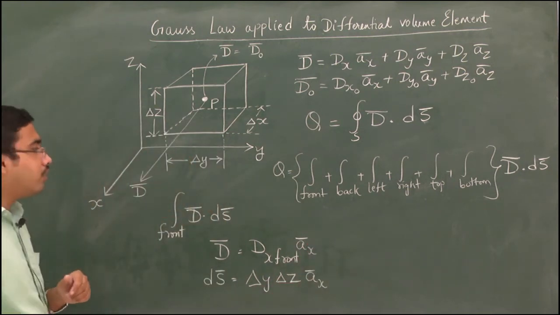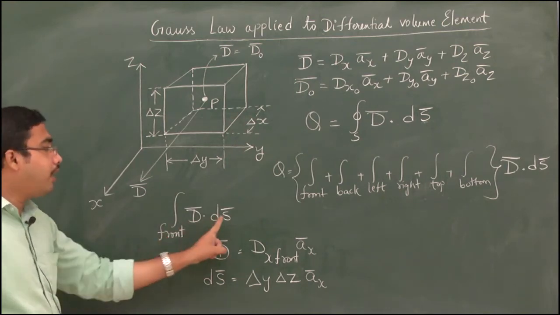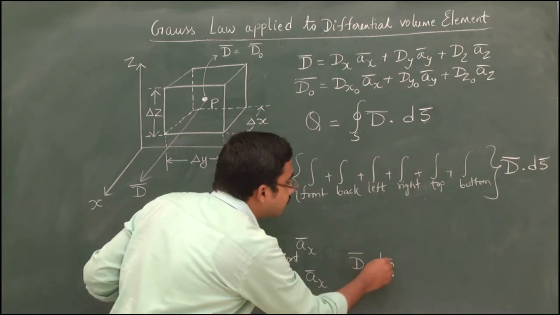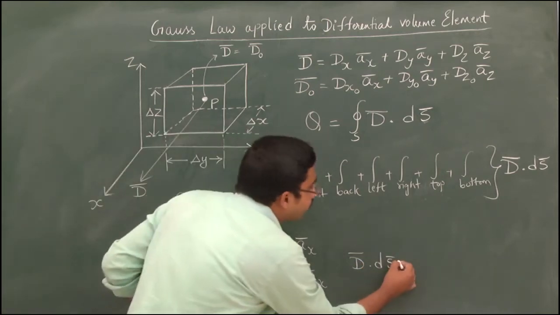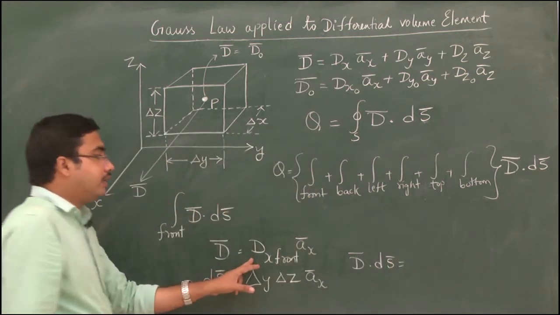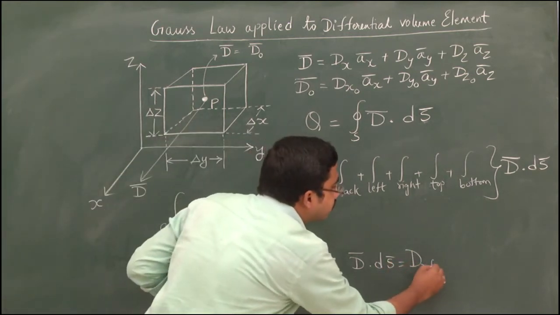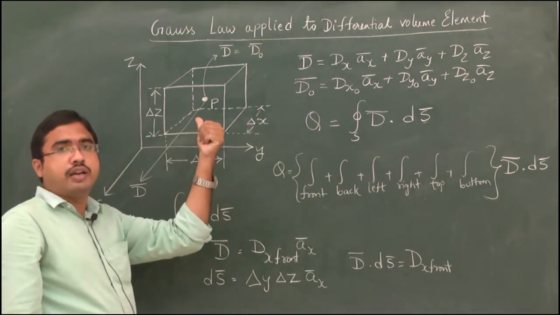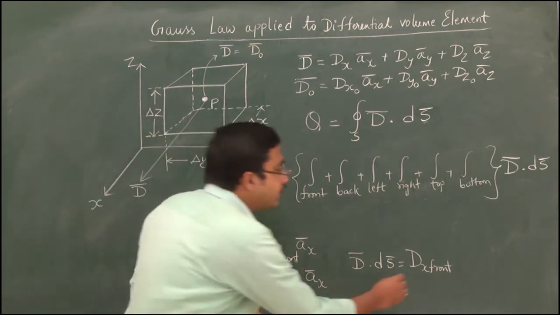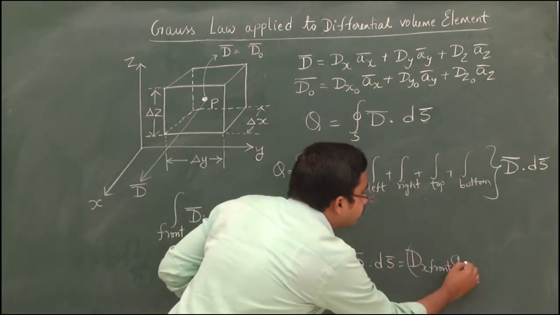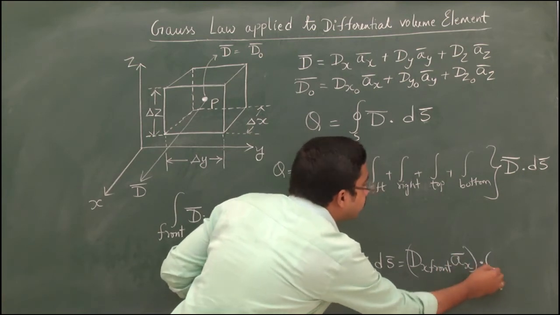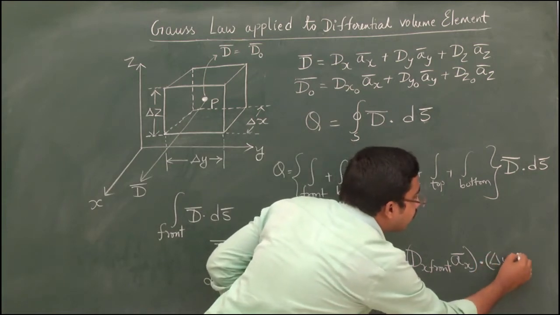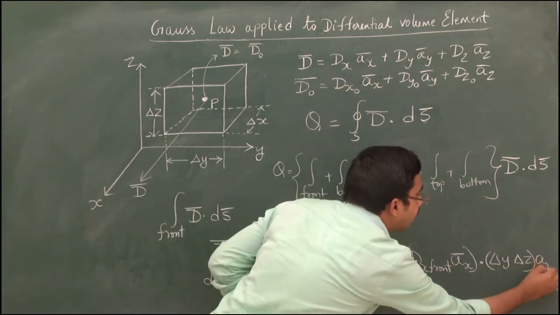Now if you calculate D bar dot dS bar for these assumptions, D bar dot dS bar means Dx front, that means you are observing D from the front side of this cuboidal structure or differential volume. So Dx front ax bar dot, what is dS bar here? Delta y delta z ax bar.